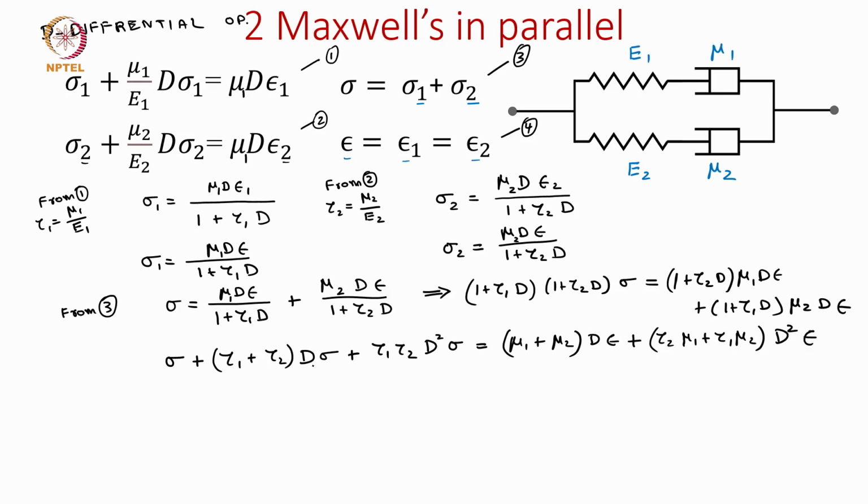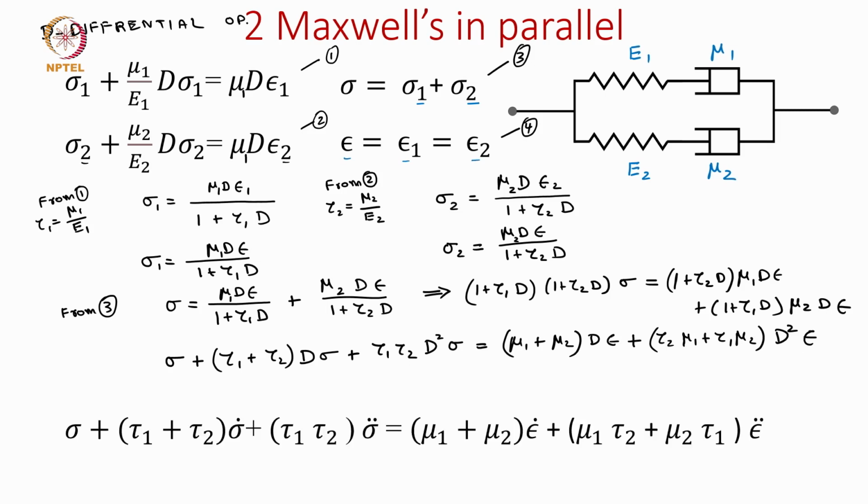So, once we replace these d epsilon and d square sigma with sigma dot, sigma double dot, and then these with first derivative of the strain and the second derivative of the strain, what we get is this final equation in the standard form.